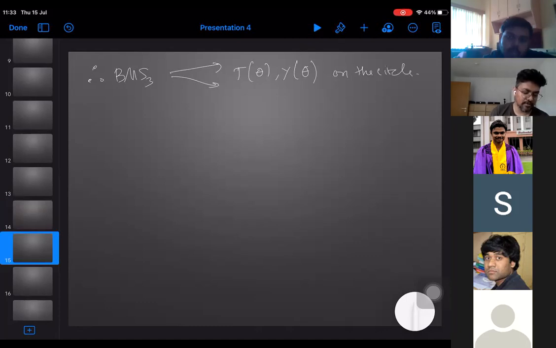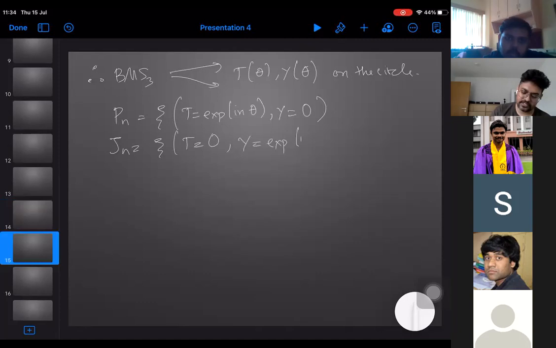These functions can be Fourier analyzed by defining the generators J_n and P_n. You can try to plug it back into what I have written after this lecture.